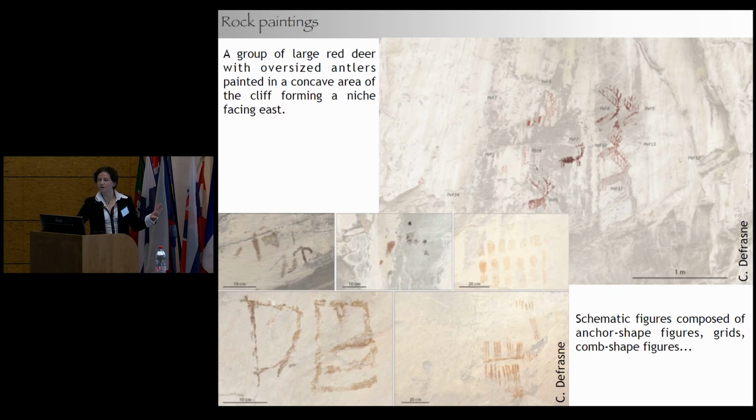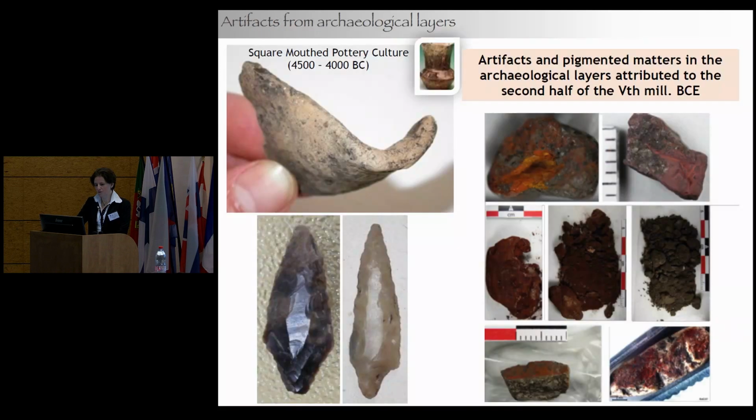I present here the relevé created by Claudia Defrasne, because if I show you the realistic picture, we don't really see the paint, it's like a shadow. It's really difficult to see, and so the conservation is not very good for this paint.